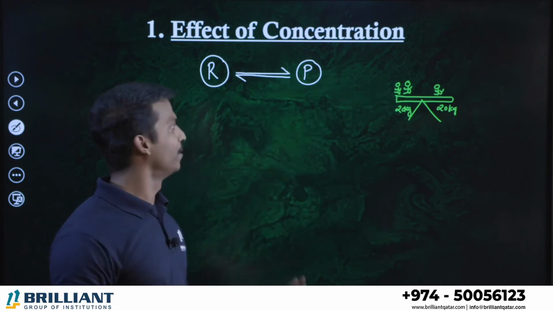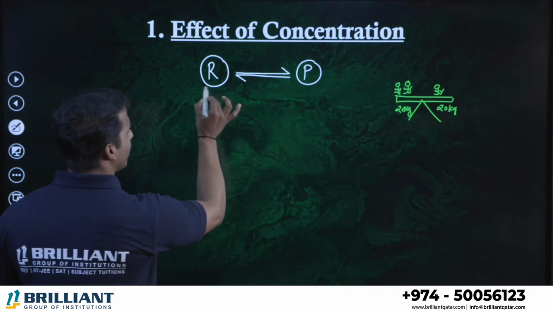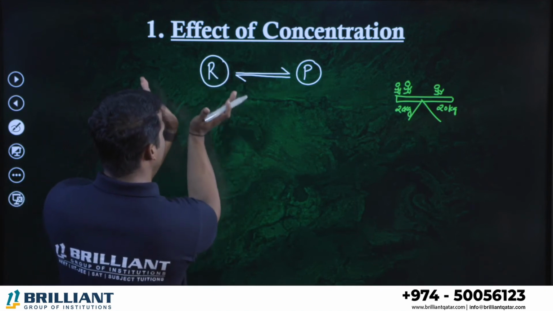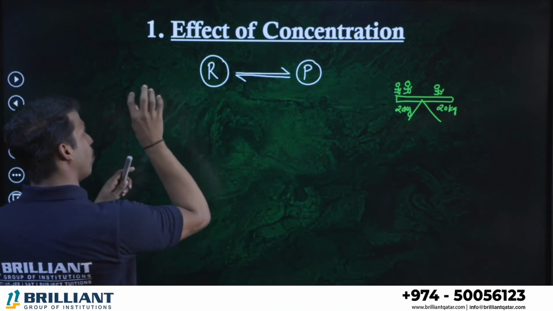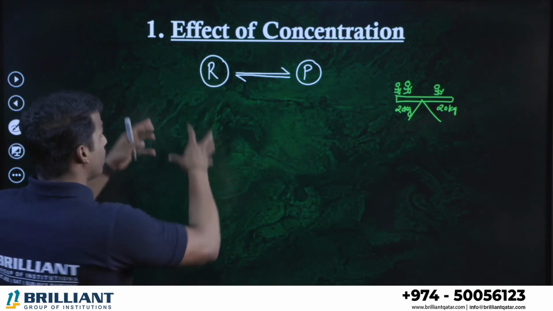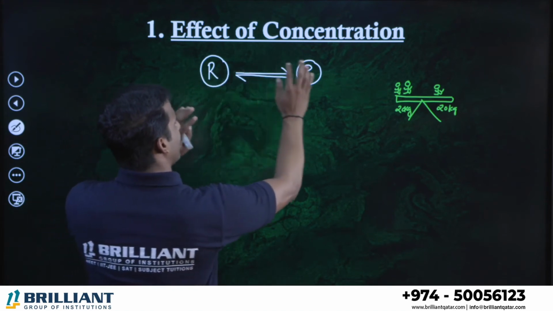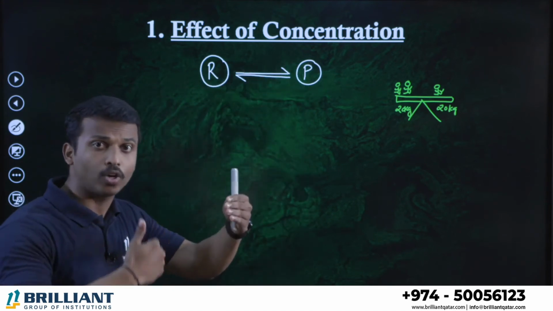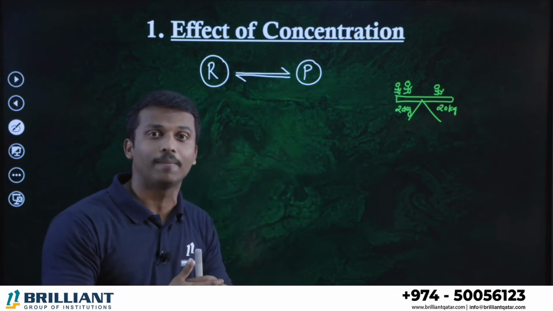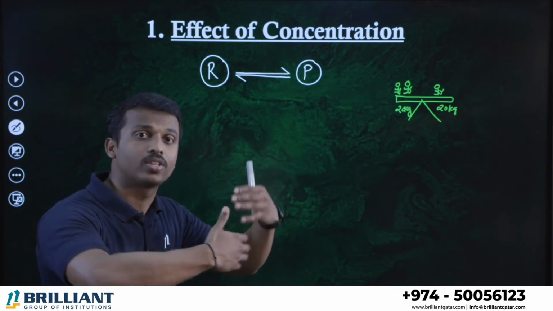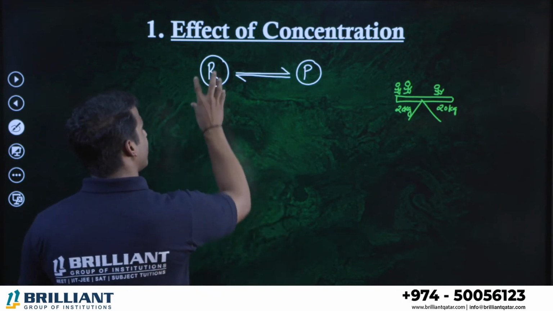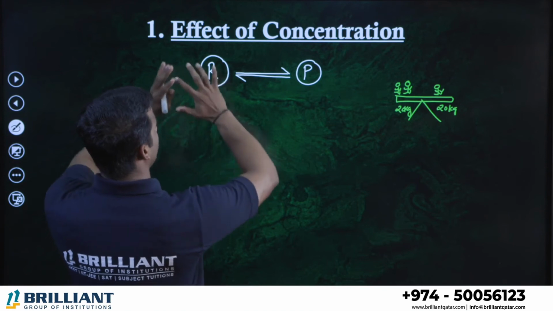This is what is happening. So if you increase the concentration of reactant, if you are providing more reactants here, what happened? So here more reactants are there, here fewer products are there. From which part to which part does the reaction try to shift to attain the new equilibrium or to make this change cancel? To cancel this change, this more reactant that you added, here the reactant side has more concentration.